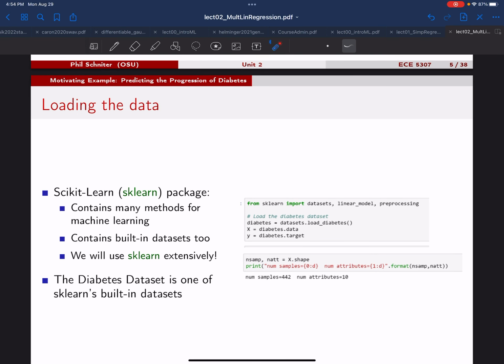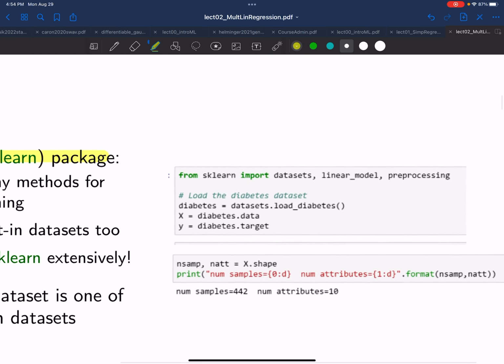This data set is very easy to load because it's built into sklearn. sklearn is the main package in Python for classical machine learning. It has tons of methods. We're going to use it for many units until we get to deep learning, and then we need to go beyond sklearn because it doesn't have stuff for deep learning. But what's nice about this data set is it's built into sklearn, so it's super easy to load.